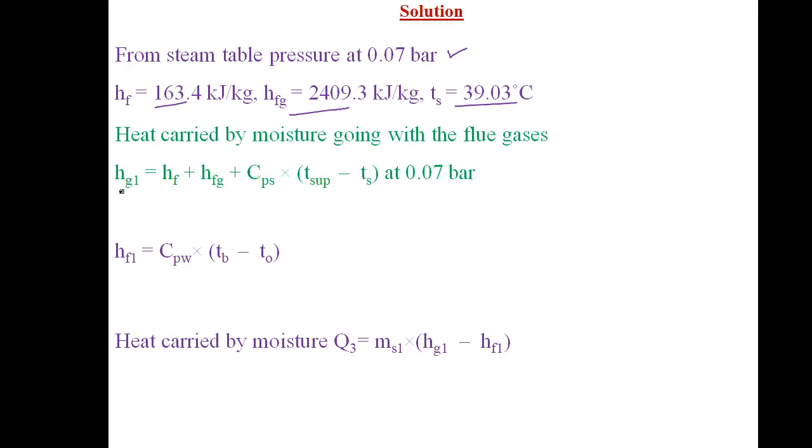Therefore, the enthalpy of steam present in hot gases is given by Hf plus Hfg plus Cps into (T sup minus Ts).